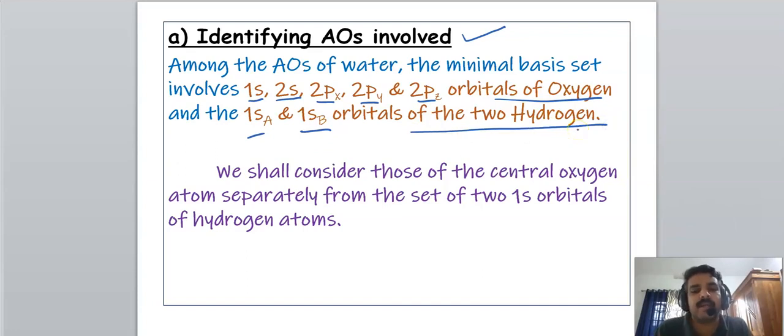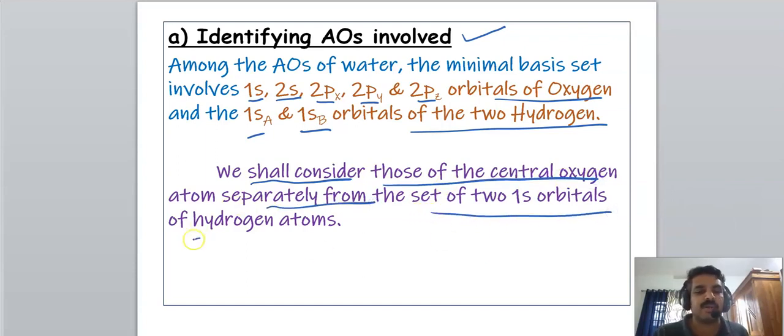Those are the minimal atomic orbitals, or minimal basis set. Okay, we shall consider those of the central oxygen atom separately from the set of two 1s orbitals of the hydrogen atoms. We are considering orbitals of oxygen and orbitals of the two pendant hydrogen atoms separately.